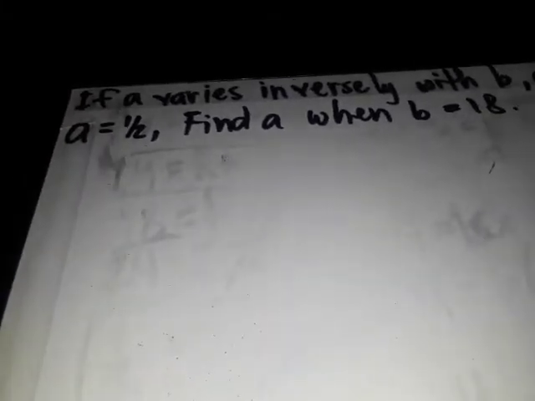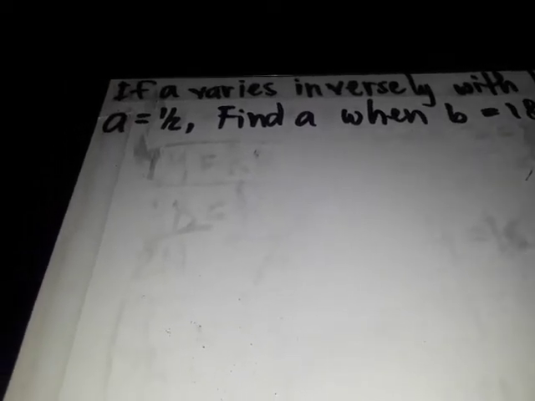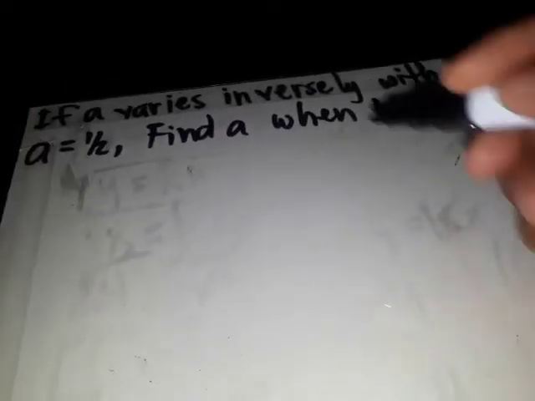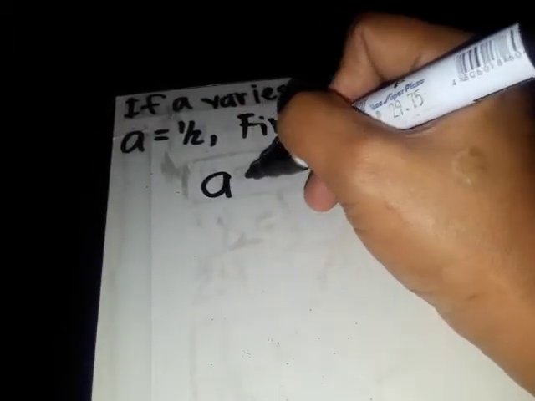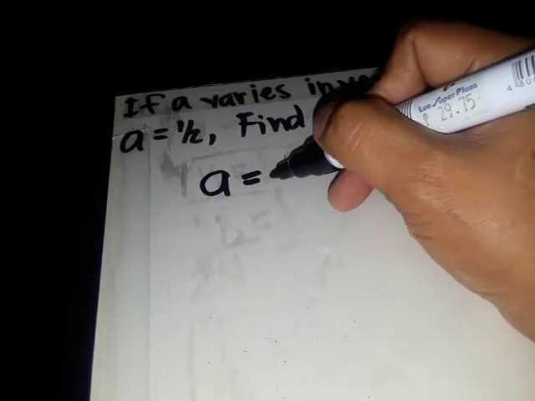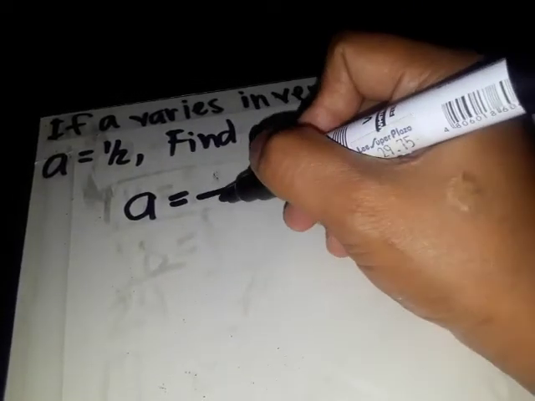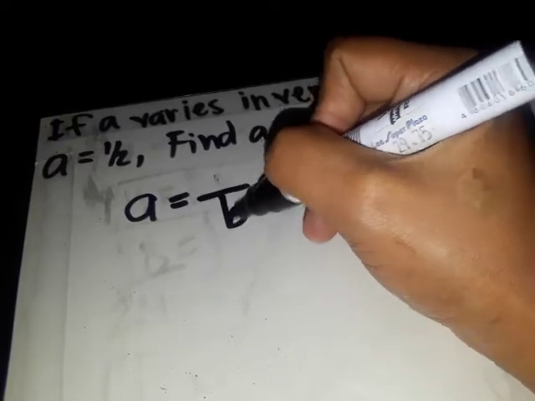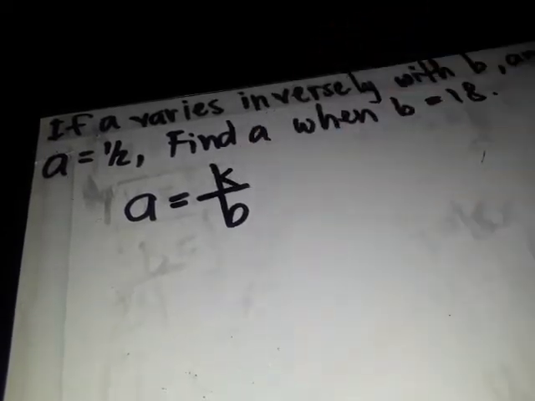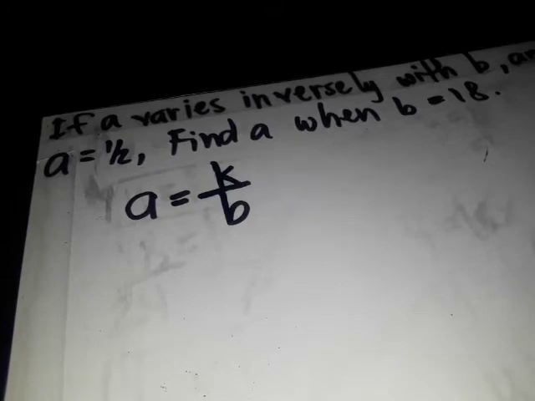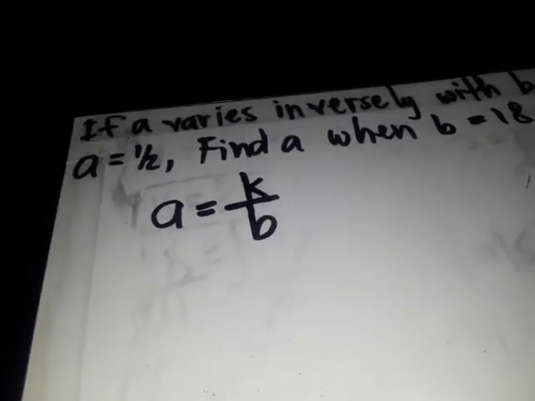For this example, ito ay inverse variation. So, if A varies inversely with B, i-equate muna natin siya. Ang B natin ay nasa baba, ang k natin ay nasa taas. Okay? So, ganyan siya pag inverse.